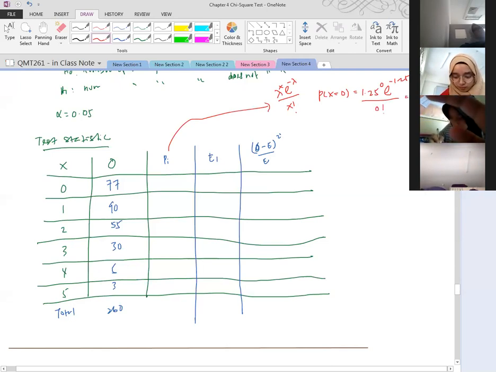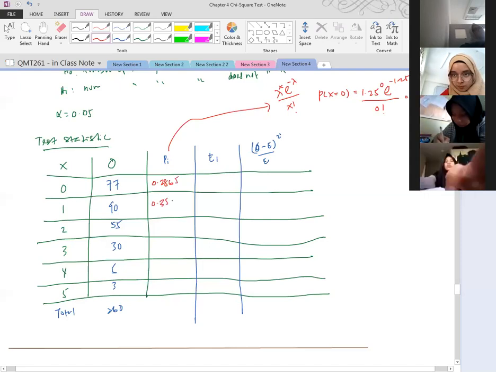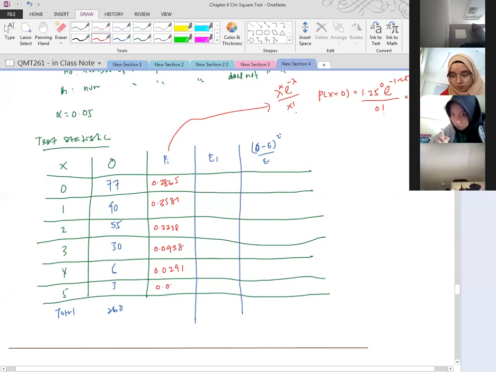So this one should be equal to 0.2865. This is 0.3581, 0.2238, 0.0938, 0.0291, and the last one is 0.0073.